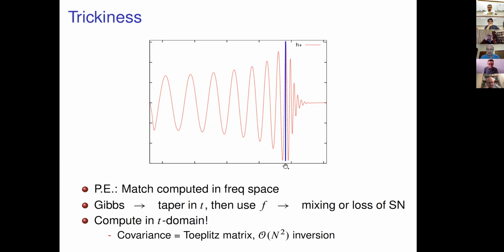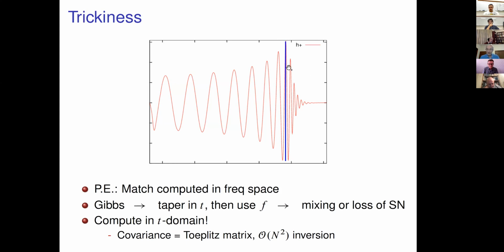If you try to split into two H's before and after the peak, when people typically do data analysis with real LIGO data, that's done in the frequency domain, right? Partly because the LIGO noise curve that you have to use is known primarily in the frequency domain. And also, you get to use all the fancy tricks of fast Fourier transforms, and the data analysis is much quicker.